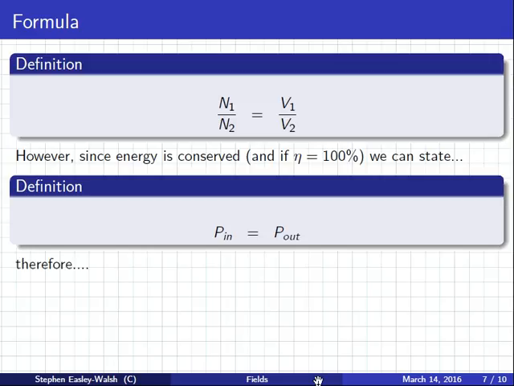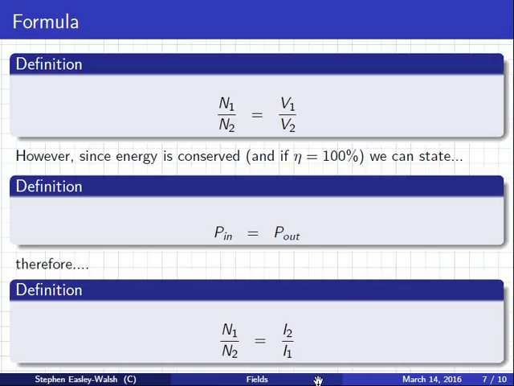So you could put this formula together with this formula and make this one. I'll read it to you: N1 over N2 equals I2 over I1. And if you want to know how I got that, I used this one and this one together.